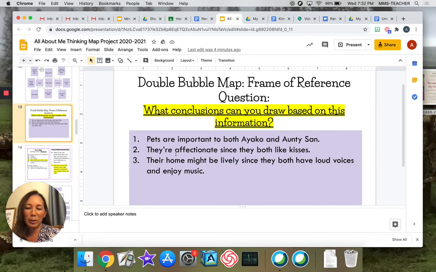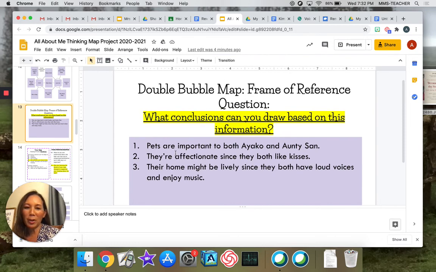You remember the map, they both had dogs. Ayako had 1 and Auntie San had 3. So from that, a conclusion I drew was that, well, pets are probably important in their life. The second conclusion I drew from their double bubble map was that they're probably affectionate since they both like kisses. And I'm sure it includes hugs as well.